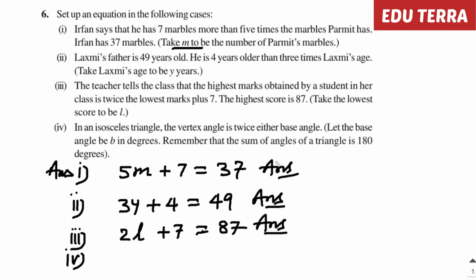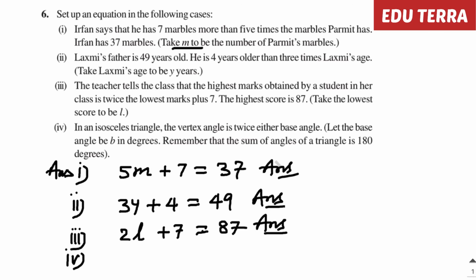In an isosceles triangle, the vertex angle is twice either base angle. In an isosceles triangle two sides are equal, so if two sides are equal, two angles will also be equal as per the property of a triangle. The vertex angle is twice either base angle.